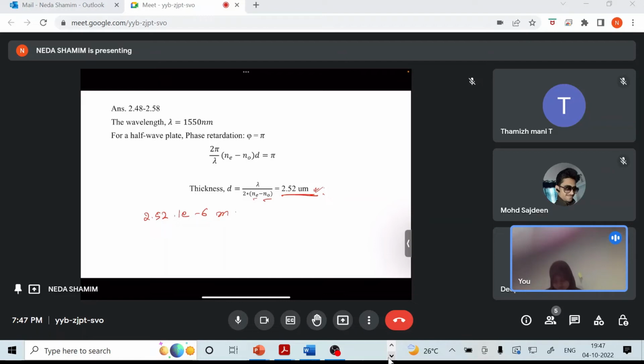Or you can take this point to the other side and manipulate, and you will get 252 times 1e minus 8 meters. Or it can also be written as 25.2 times 1e minus 7 meters. Got the point? Yes, ma'am. Thank you.